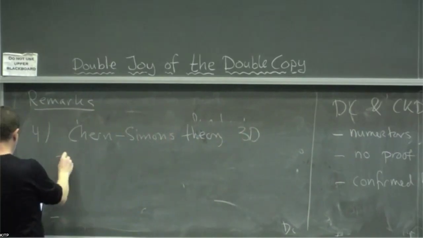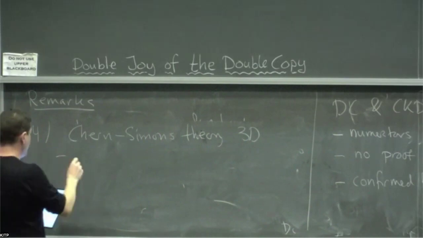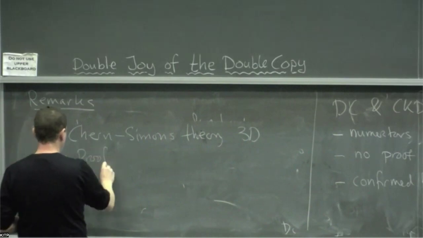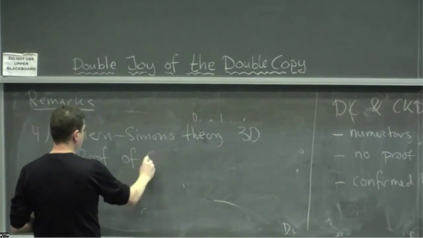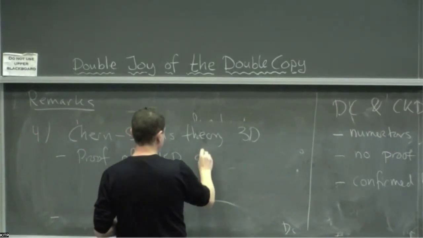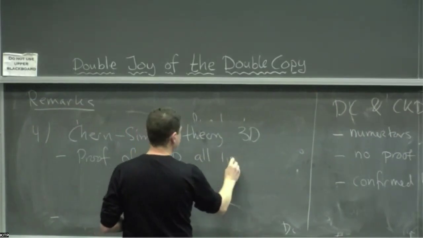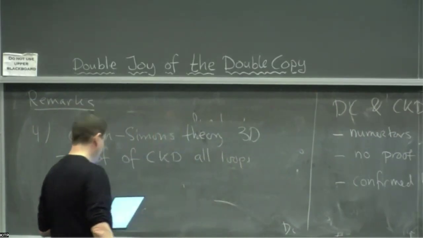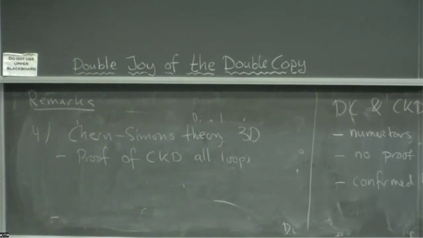So what works? Well, we have a proof of color kinematics duality to all loops. You might wonder, how did we do that? How did we do it to all loops?